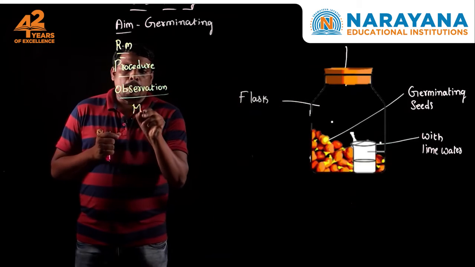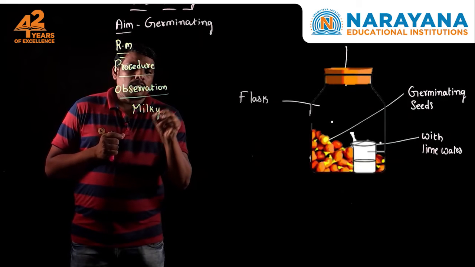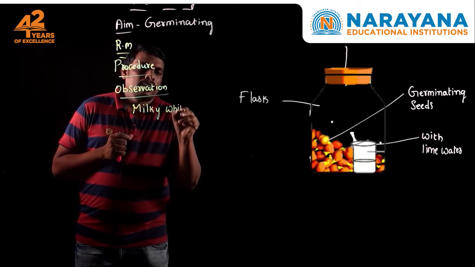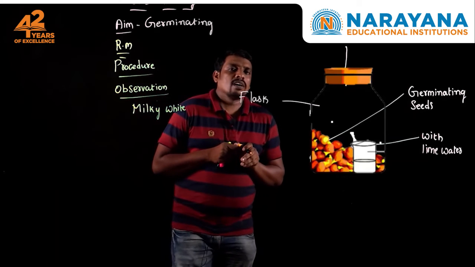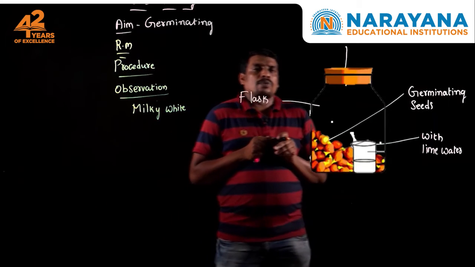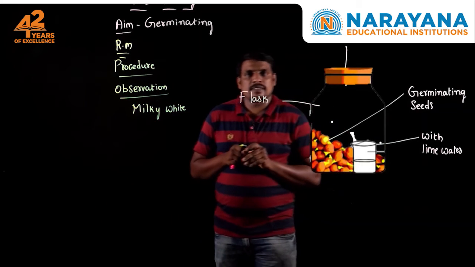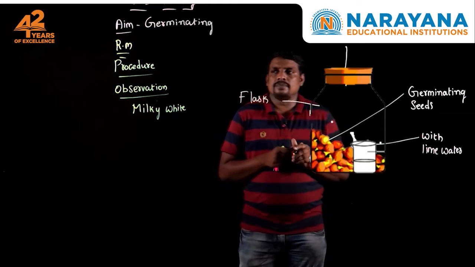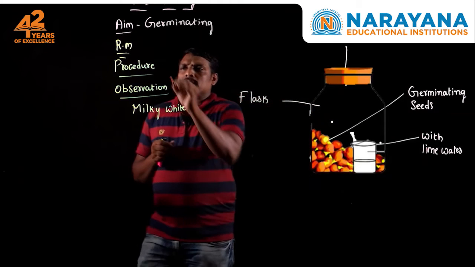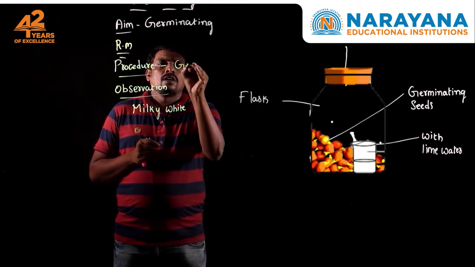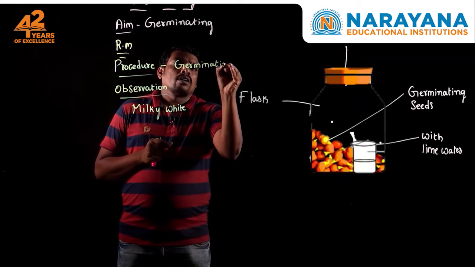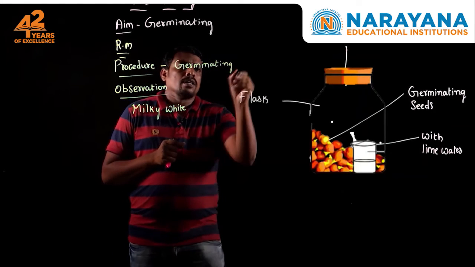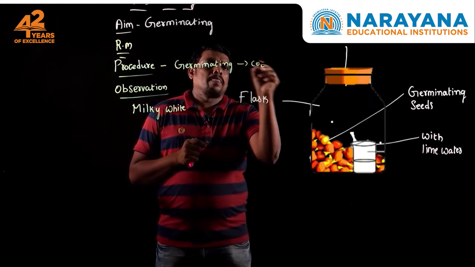This milky white precipitate indicates the presence of carbon dioxide produced by the germinating seeds. Let us see what happened here. During the respiration process, germinating seeds produce carbon dioxide.